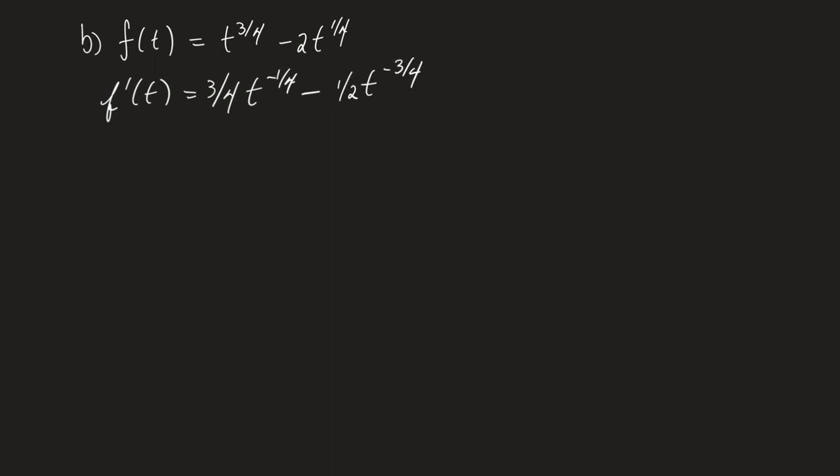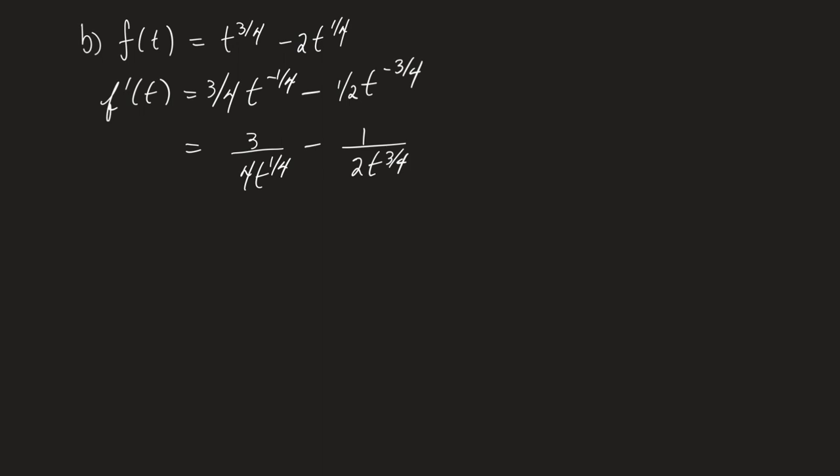Now, I need to set this equal to 0. So we should rewrite this and get a common denominator. That way we're less likely to make errors. So let's rewrite this as that one is 3 over 4 t to the 1/4. This one is 1 over 2 t to the 3/4.